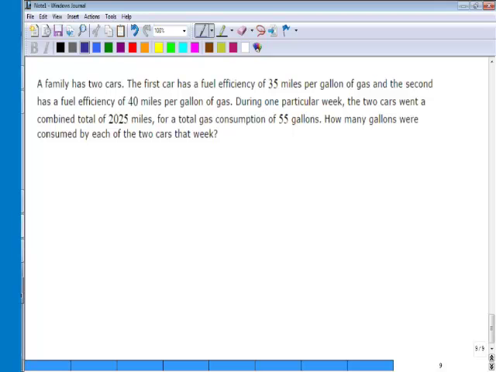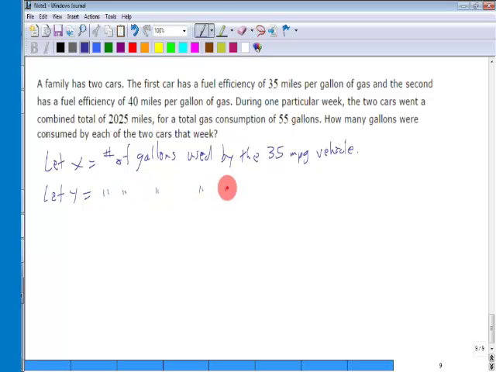So let X be the number of gallons of gasoline used by the 35 mpg vehicle, and let Y equal the number of gallons used by the 40 mpg vehicle.